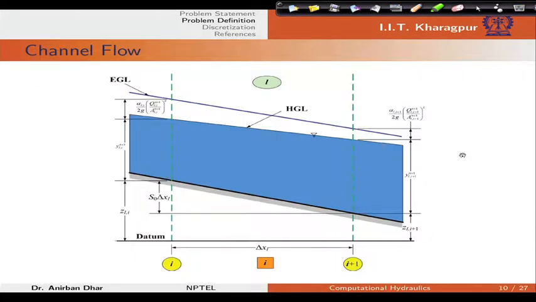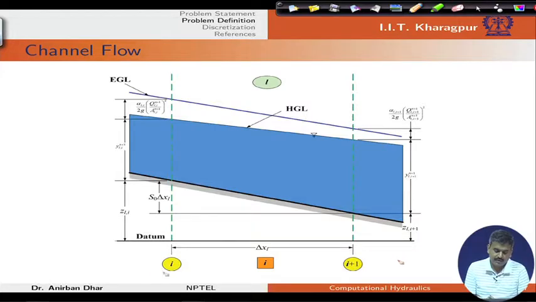So, this is the flow situation for our problem. In this case, let us say we have 2 channel sections i and i plus 1. Then for segment i, for the nth channel reach, we can write our discretized form of the governing equation. Now, for this discretization, I will utilize one special scheme.